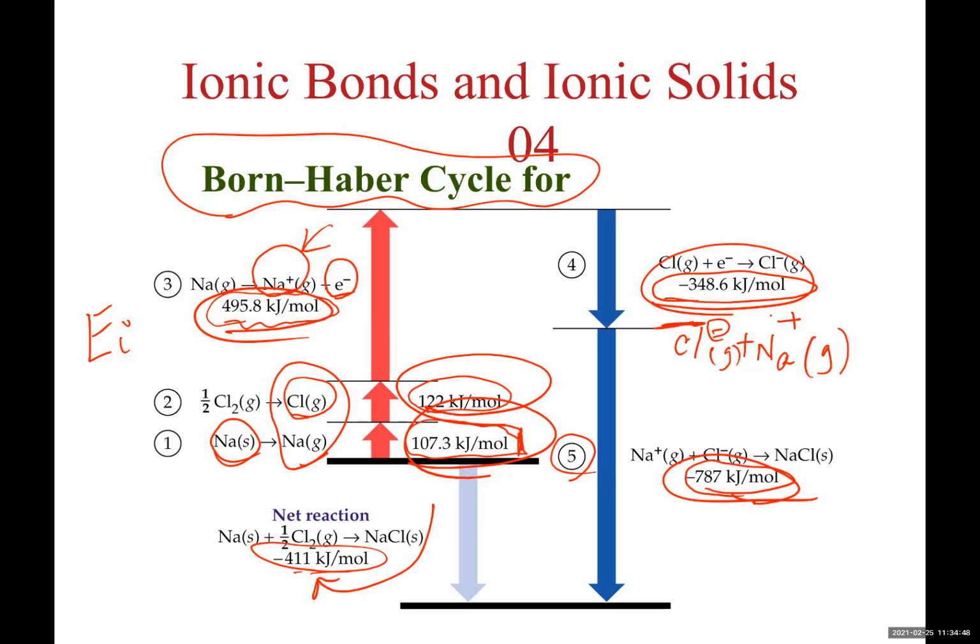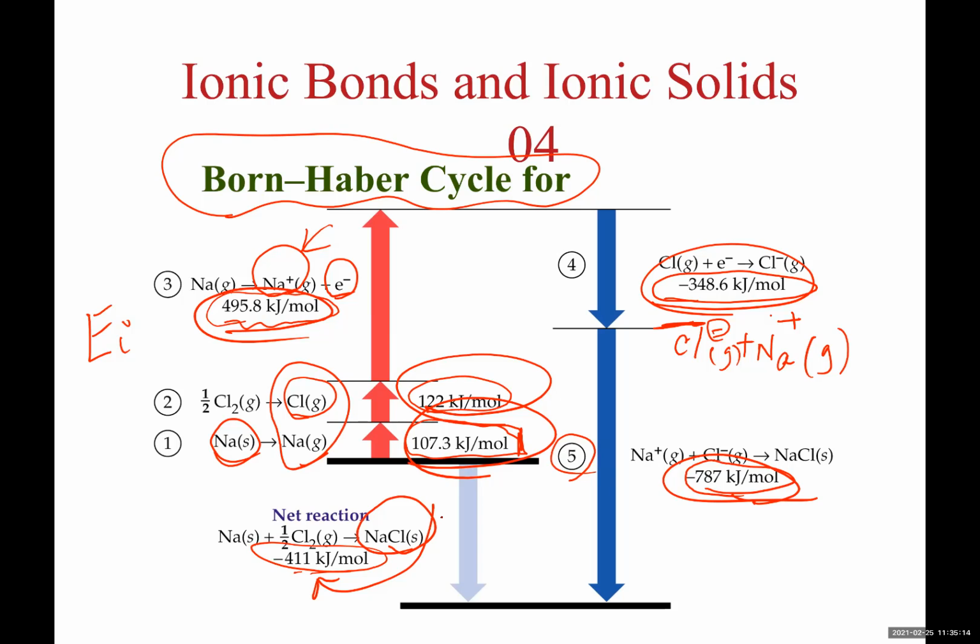So this reaction overall is releasing heat, negative delta H, which means an energy releasing reaction is exothermic. That means sodium chloride, solid table salt, is more stable, has less energy than metallic sodium and chlorine gas.